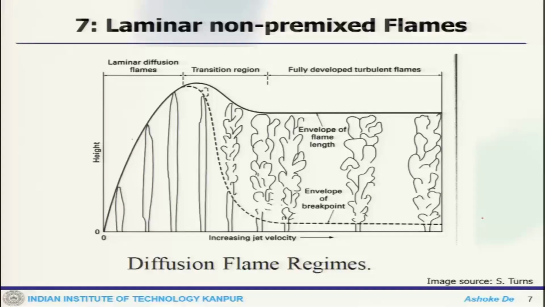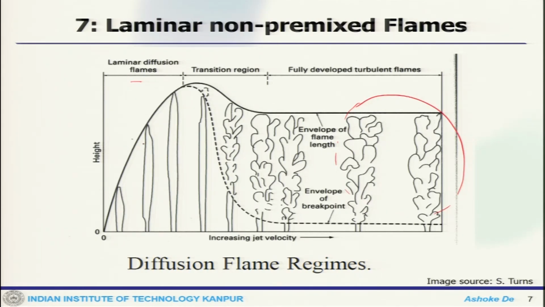Now we will go into some detailed analysis of those kinds of structure. If you recall, this is the flame regime that we talked about, starting from the laminar diffusion system to the completely turbulent flame.